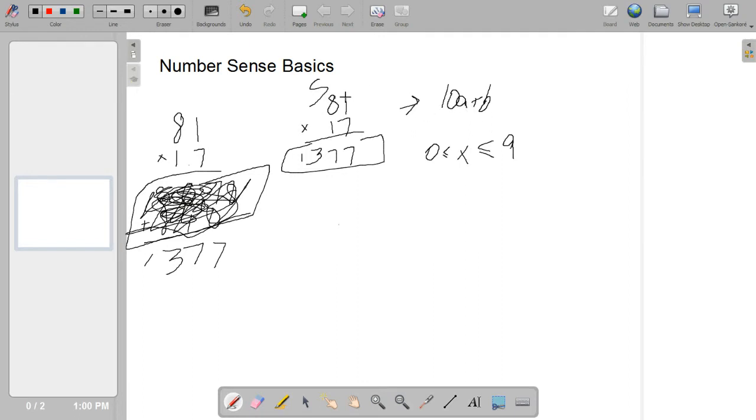So in this case, a is 8, so 10 times 8 plus b, in this case it's 1. So a and b would be 8 and 1, so that's 81.